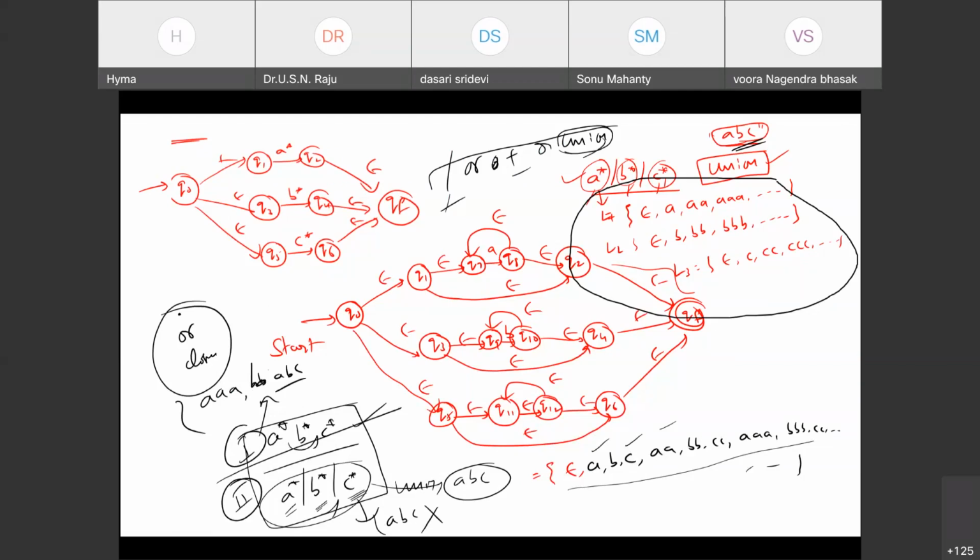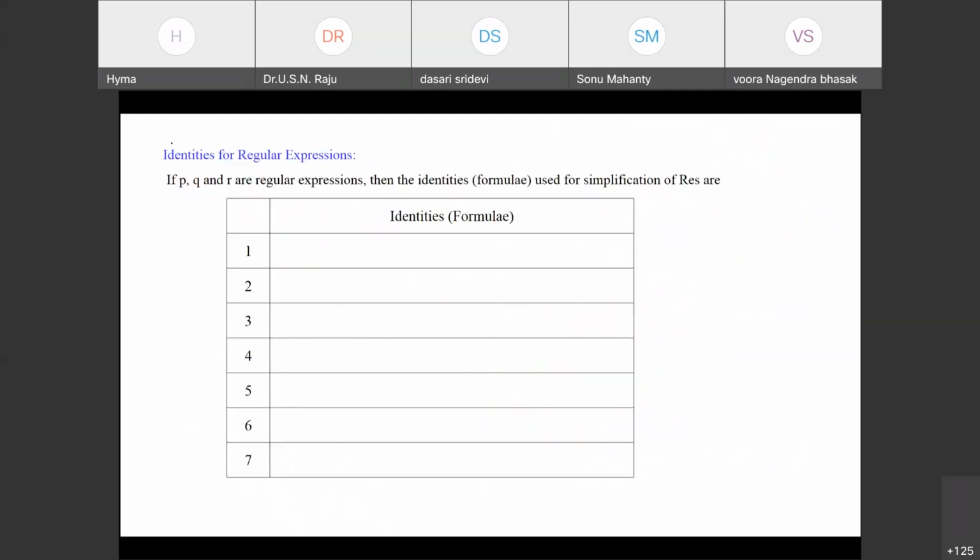Right. Now there is a concept known as identities of regular expressions. That is nothing but some formulae. Like we have seen, a plus b. Can I say a plus b equals b plus a, and ab equals ba? Which is correct or which is wrong, or both are wrong?